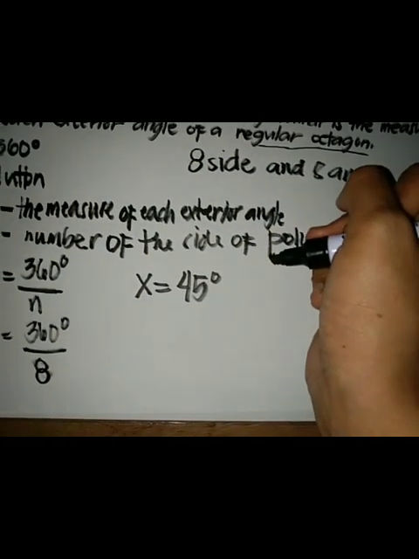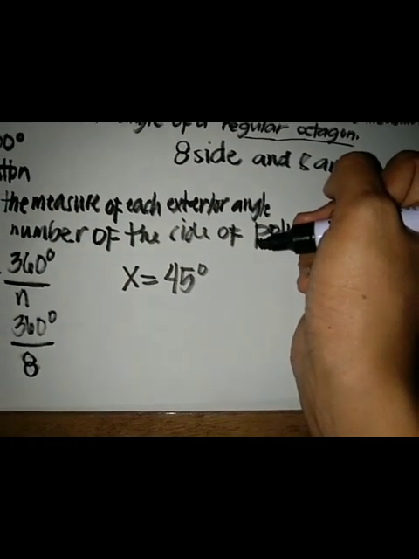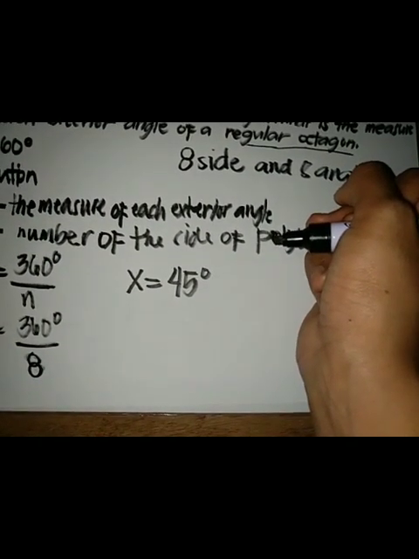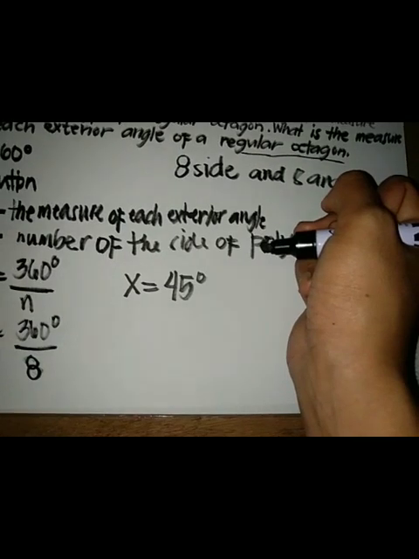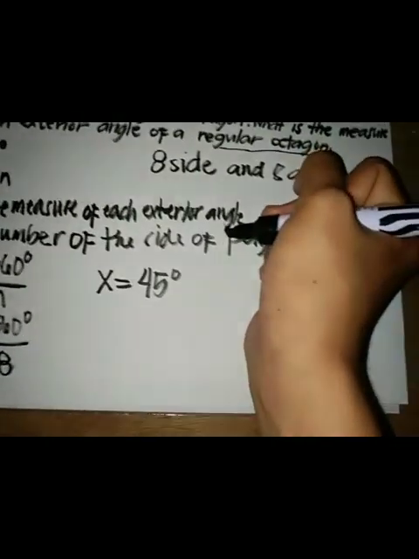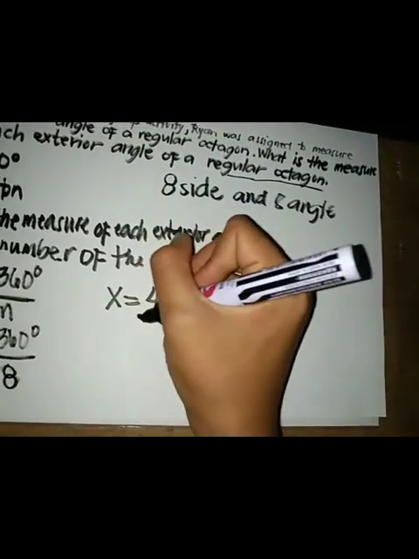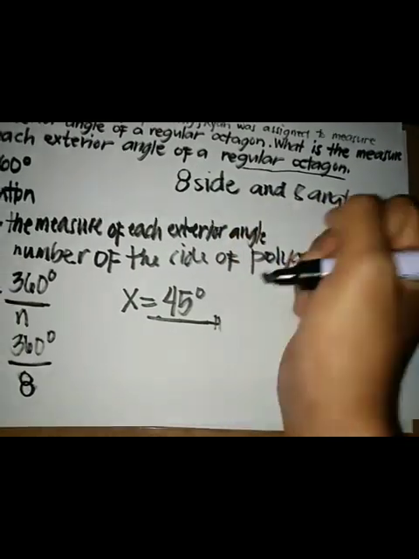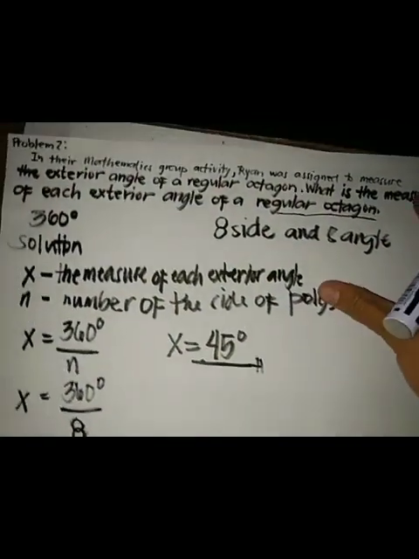So step 4 is look back. Therefore, the measure of the exterior angle of a regular octagon is 45 degrees. So let's try another problem.